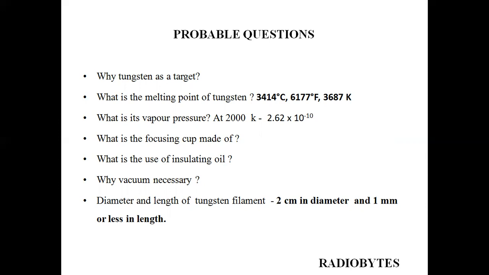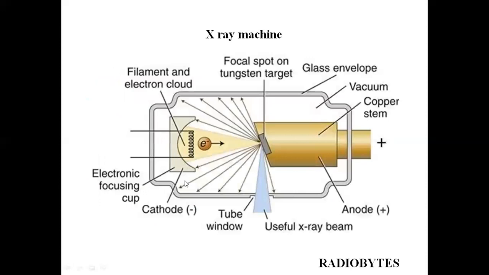So what is the focusing cup made of? I showed you in the picture here. This U-shaped cup is the focusing cup. It is made up of molybdenum. This molybdenum is negatively charged, and the electrons which are expelled from the tungsten filament are also negatively charged. So basically, this focusing cup mainly serves to focus the electrons produced in the tungsten filament towards the tungsten target.